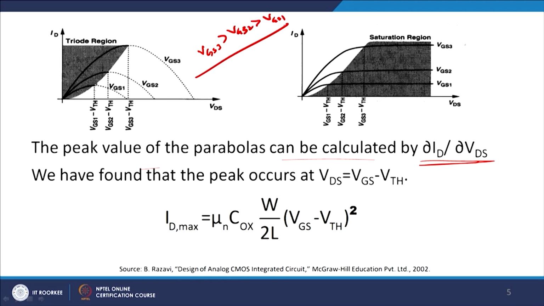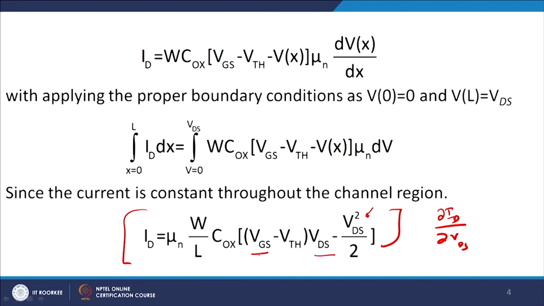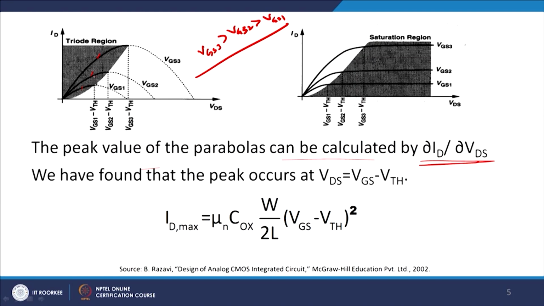As the gate voltage increases, you see the currents are also increasing, and this is very simple because your overdrives are increasing. If VGS is higher and higher, this quantity becomes higher and higher, and therefore the current also increases.